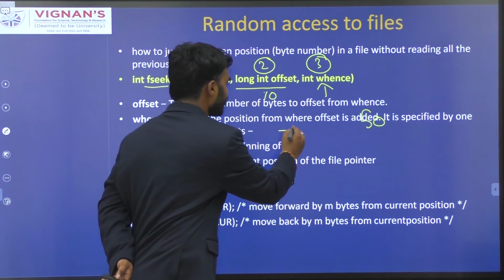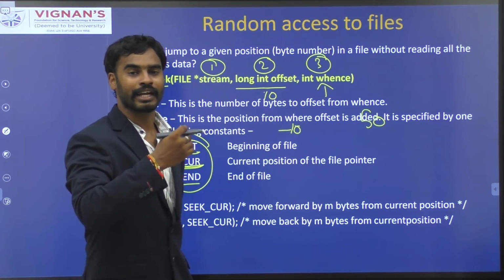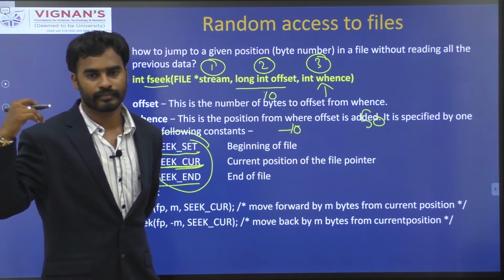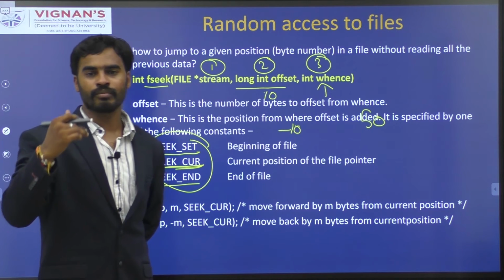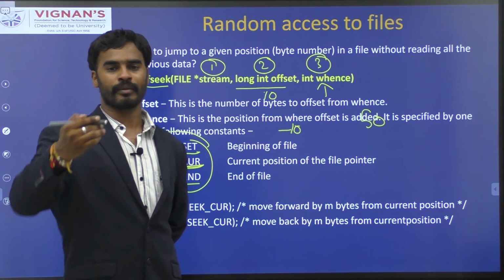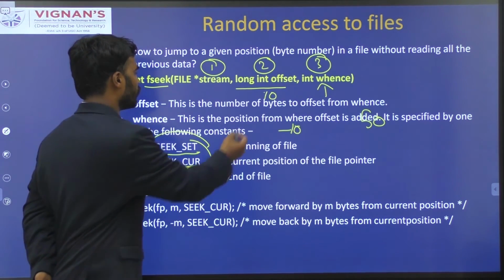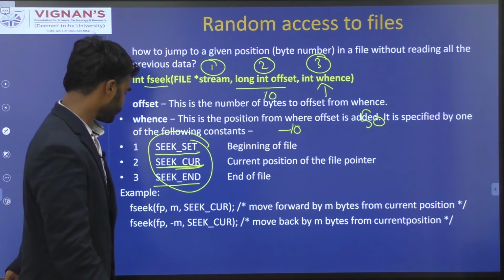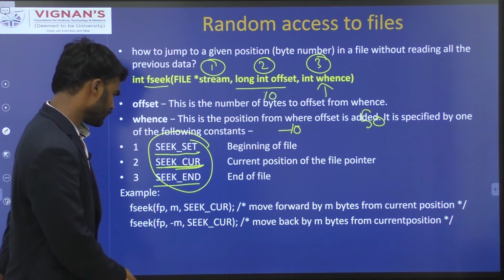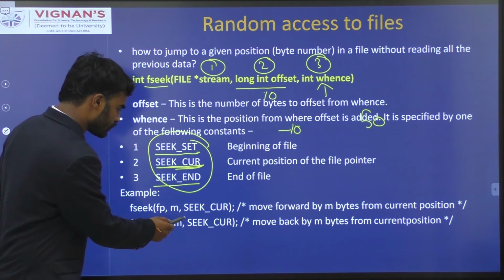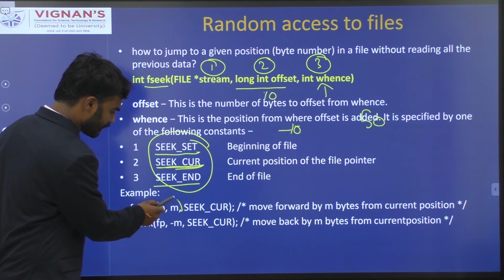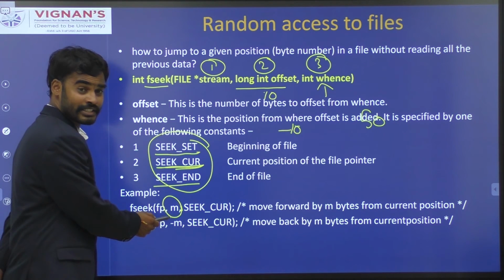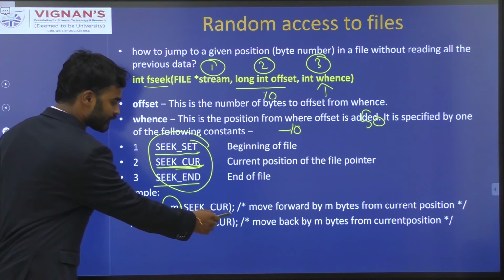If you give minus 10, it jumps 10 positions backward. Based on whether you want to move forward or backward, you have to give a positive or negative value. See here, this is an example. Here your file pointer jumps m positions starting from the current position.